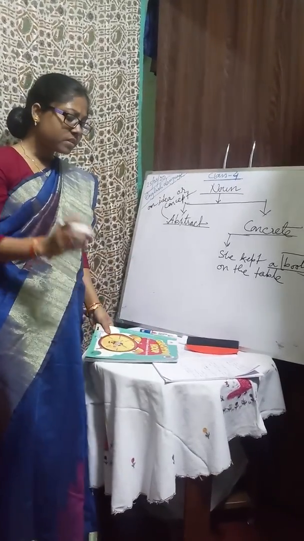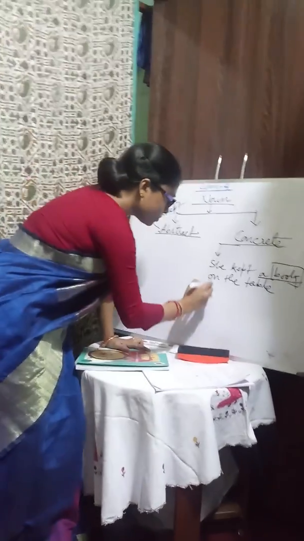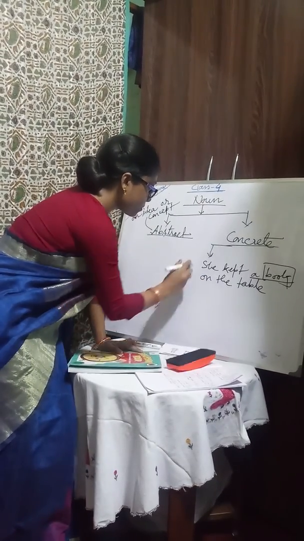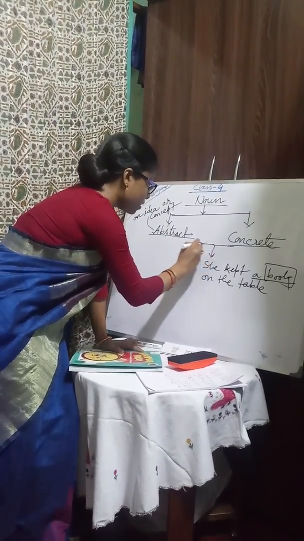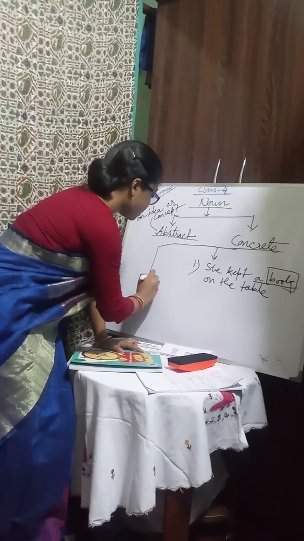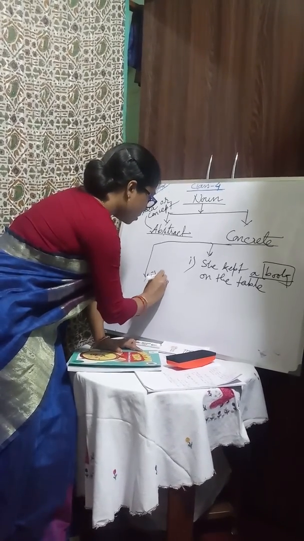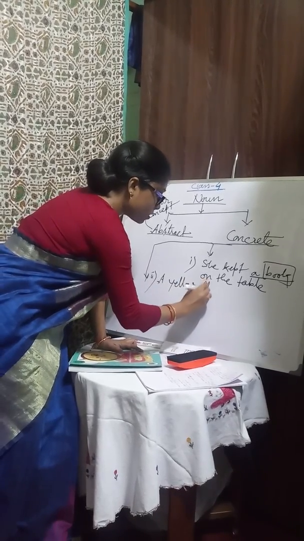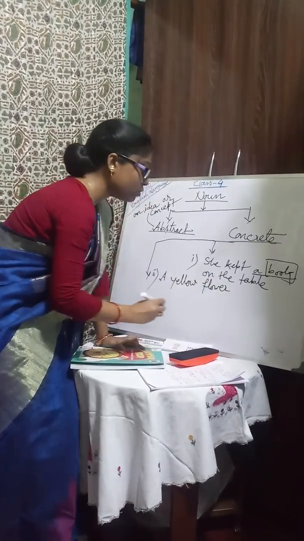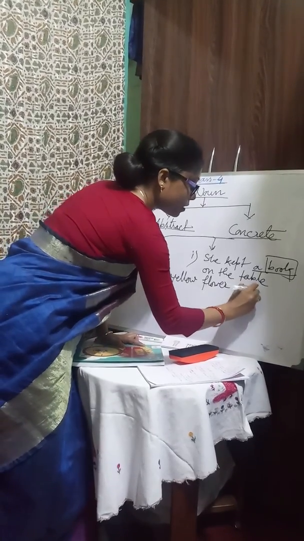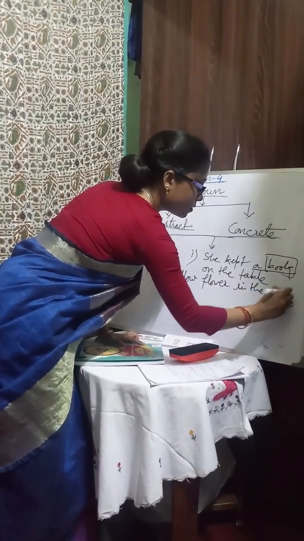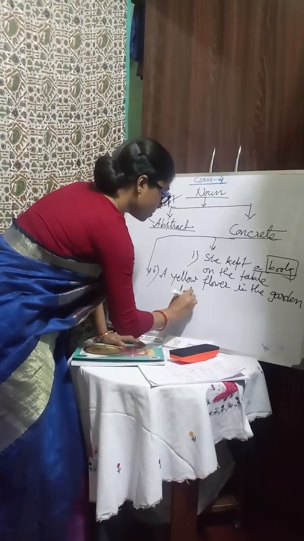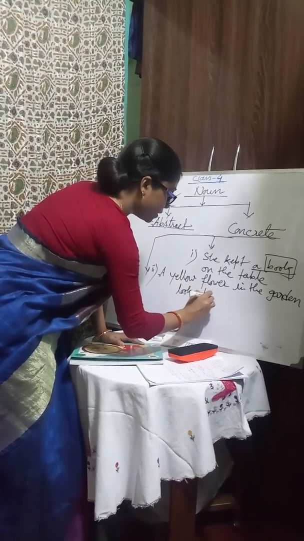Clear? Secondly, a yellow flower in the garden looks pretty.